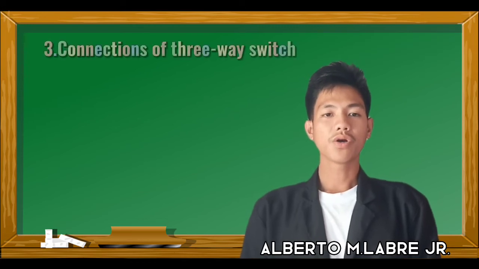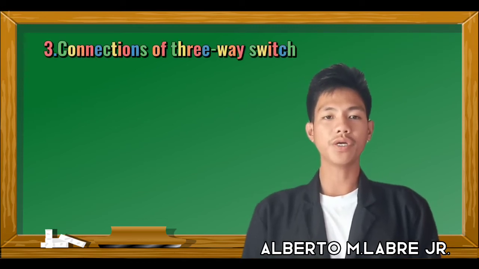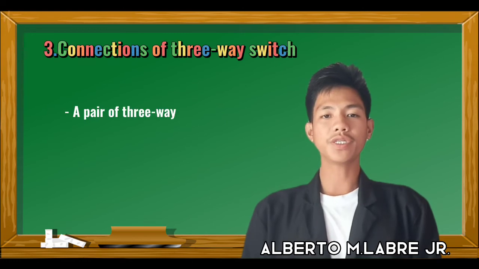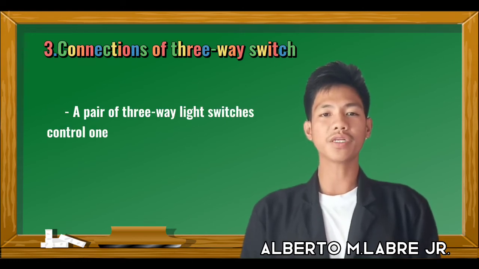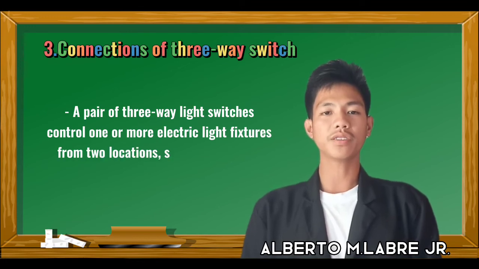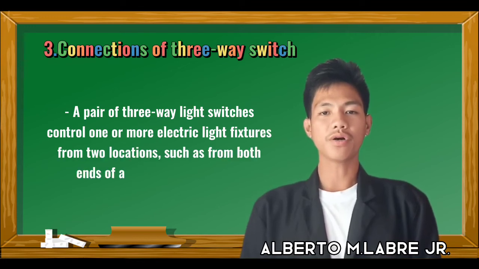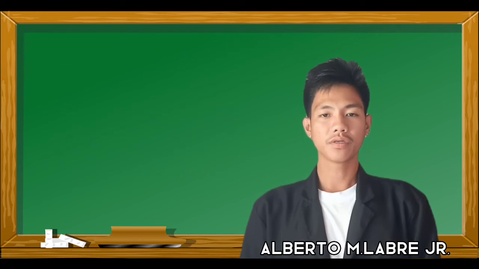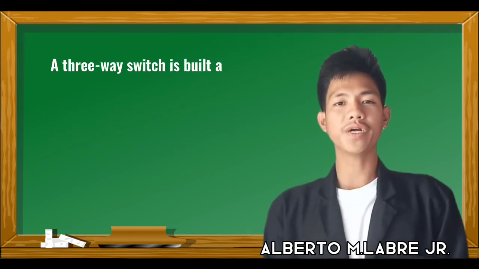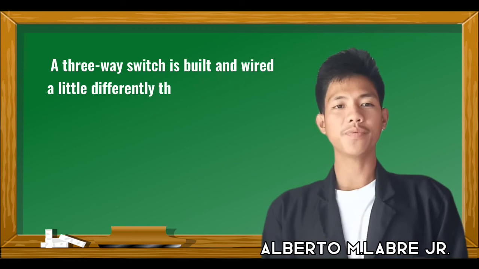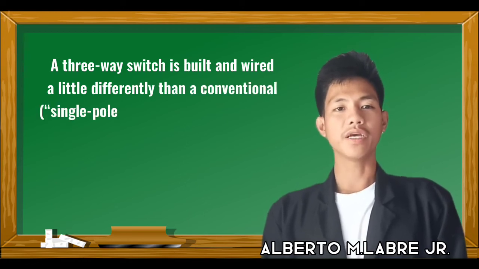Number 3. Connection of a three-way switch. A three-way switch can control one or more electrical light fixtures from two locations, such as from both ends of a staircase or hallway. A three-way switch is built and wired a little differently than a conventional light switch.